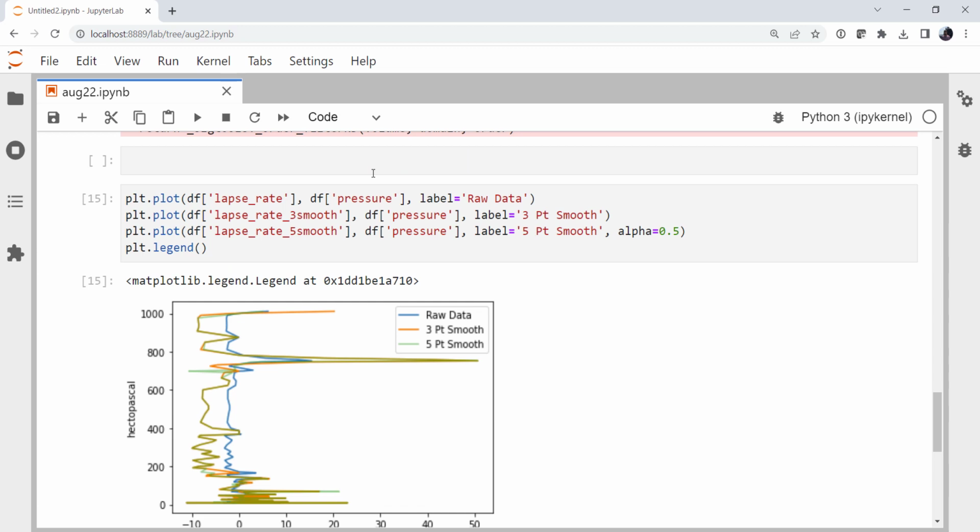So you can do some tricks with smoothing and signal processing if you're having trouble picking your temperature inversion out, or there are more sophisticated things that we can look at. But really just looking at the lapse rate and finding high lapse rates compared to the background has done a pretty good job already. I hope that you found this useful, and I'll see you on next week's MetPy Monday.